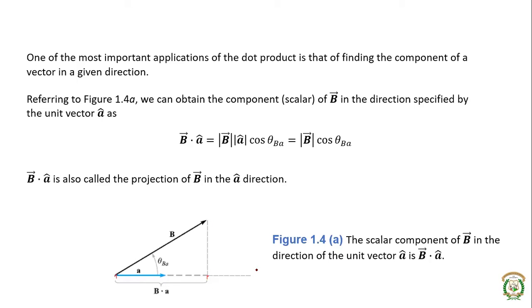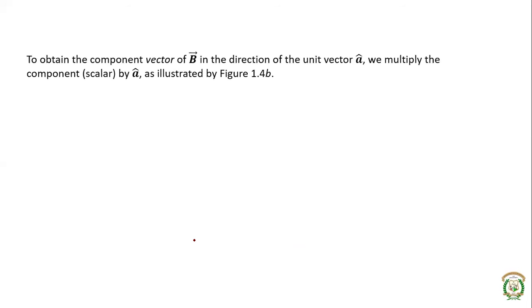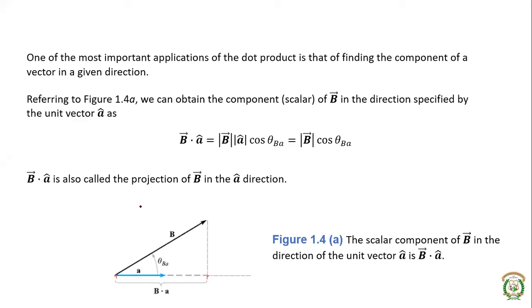So the scalar component of any vector in a given direction is the dot product of that vector with the unit vector in the given direction. Similarly, to find the vector component, we take the scalar component and multiply it by the unit vector. Here we have seen that b dot a is a scalar product, or dot product. It is a scalar, not a vector.